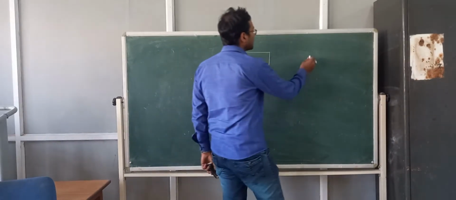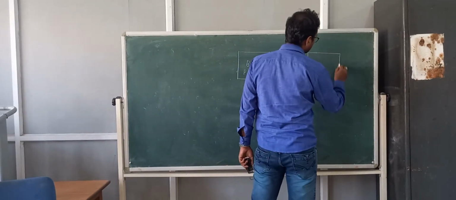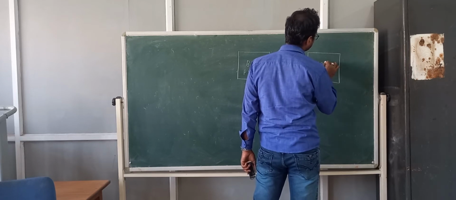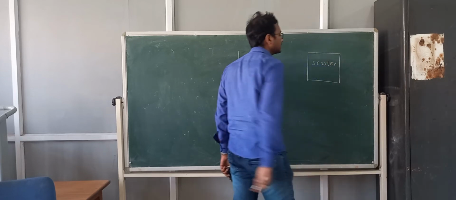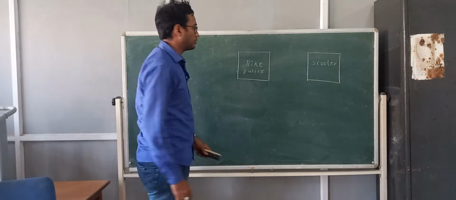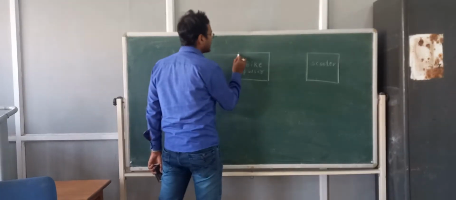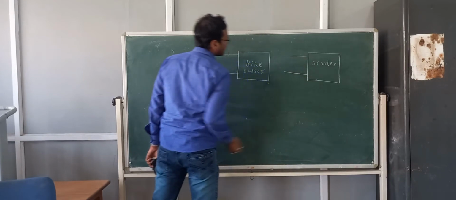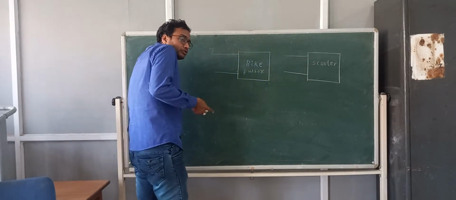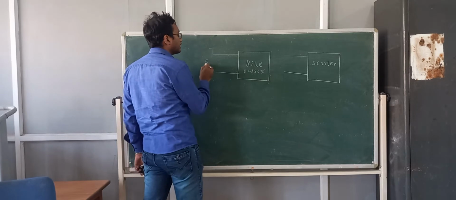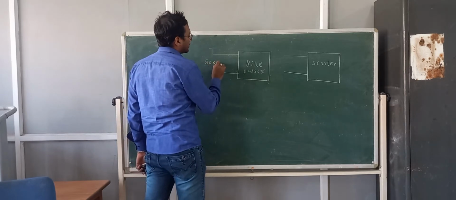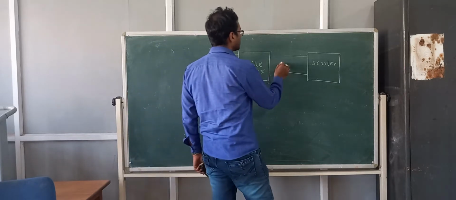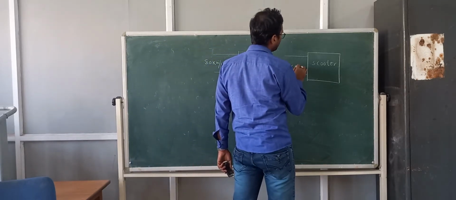And suppose I will draw here the system for your scooter. This is the system of your scooter. To both bike and scooter I will provide an acceleration input of 80 kilometers per hour, or 80 kmph.